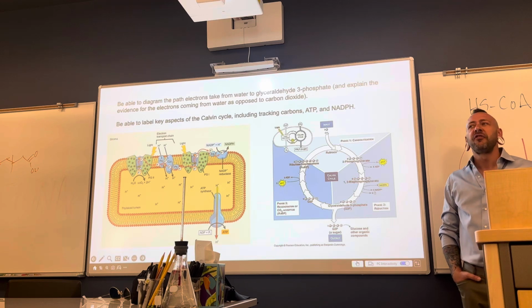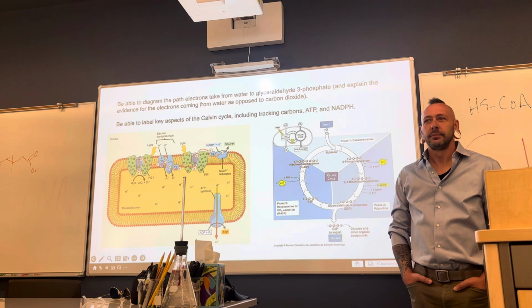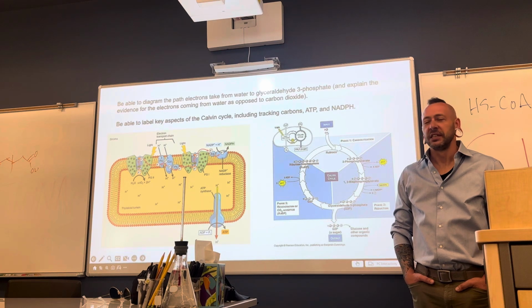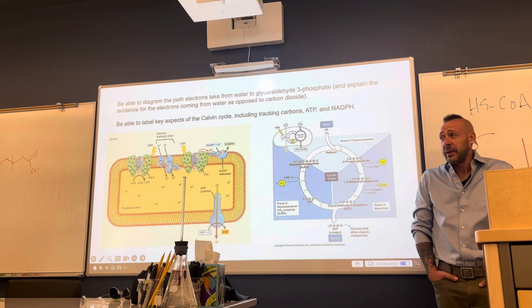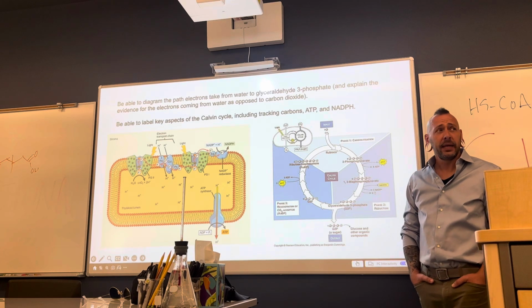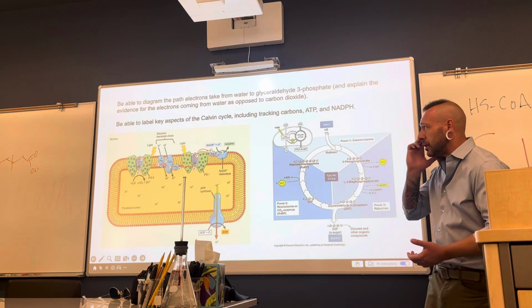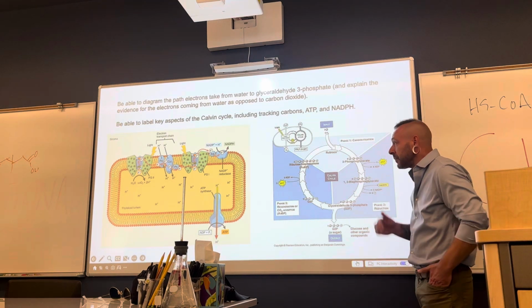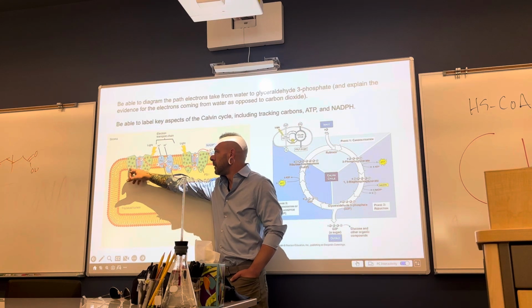What's the functional difference between the two of them? There's no functional difference. They are, for all intents and purposes, the same molecule. Just like GTP is an ATP analog, NADP is an NAD analog. They have the same function. You can view them as the same. What are all the little green dots on the photosystems?